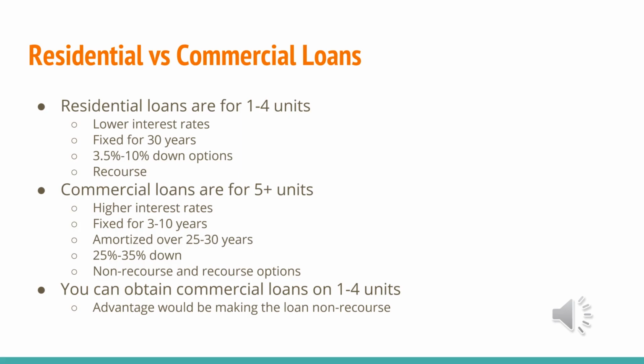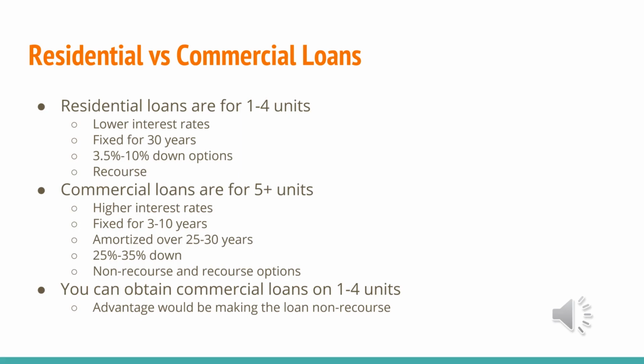But once you start getting into the commercial loans, which are for 5 plus units, they have higher interest rates. They're fixed for 3 to 10 years, and then they're amortized over 25 to 30 years, and it requires a higher down payment. 25 to 35% down is pretty standard. And they have non-recourse and recourse options.